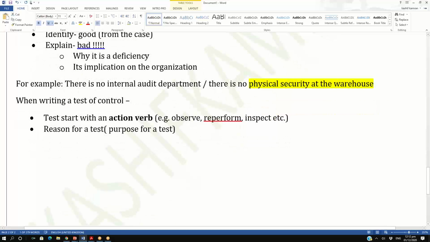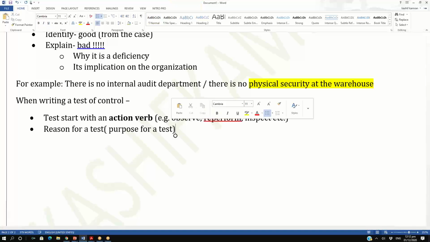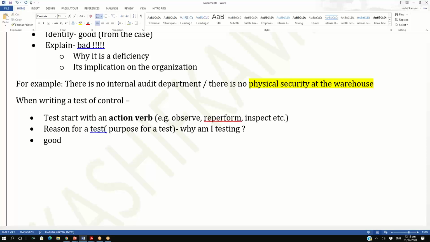So you start the test with an action and you end the test with the reason. Ask yourself a question in the exam paper: why am I testing? What's the purpose? So what is the definition of a good test of control? A good test of control is equal to an action verb followed by a reason for the test, and you take your 1 mark.